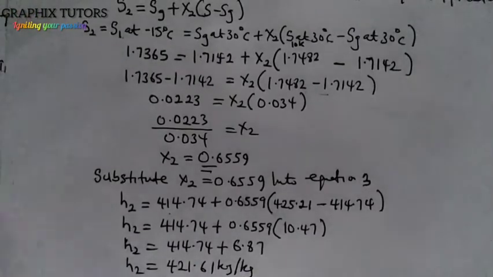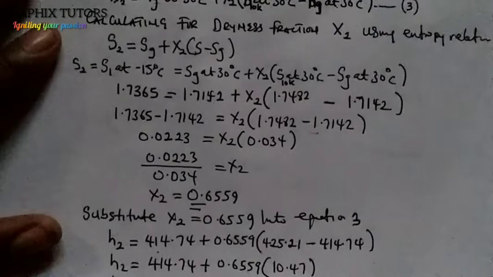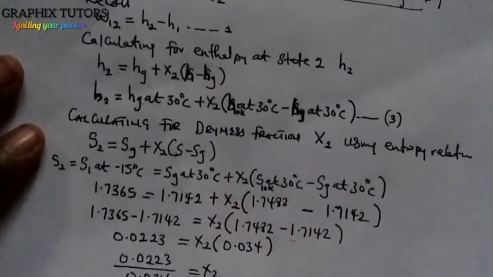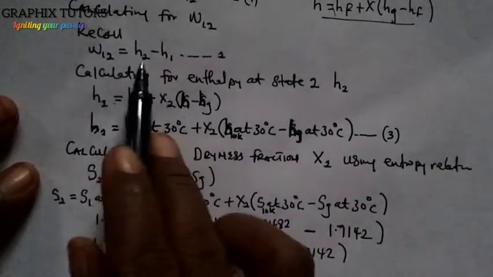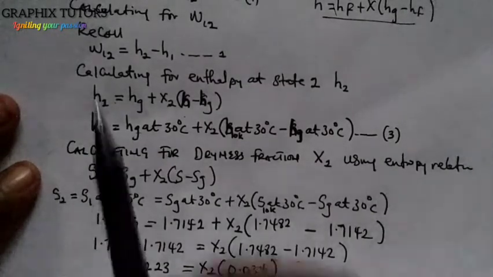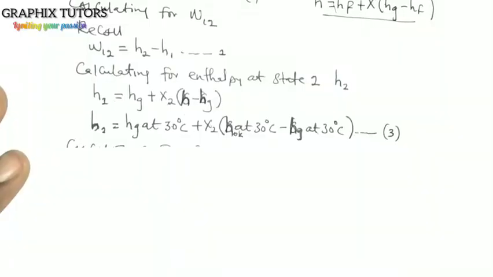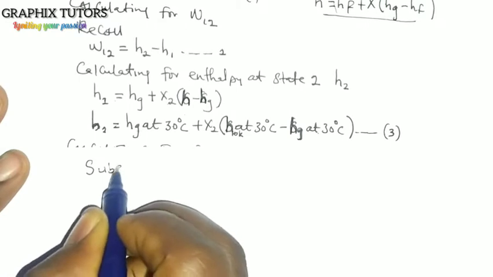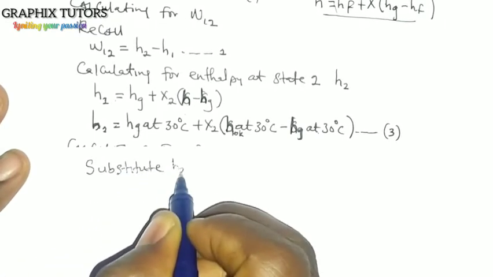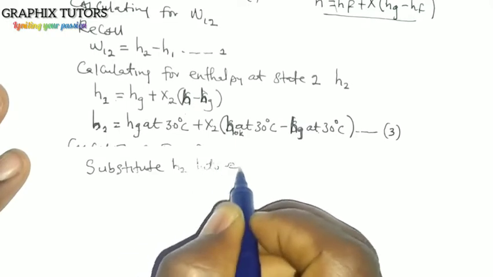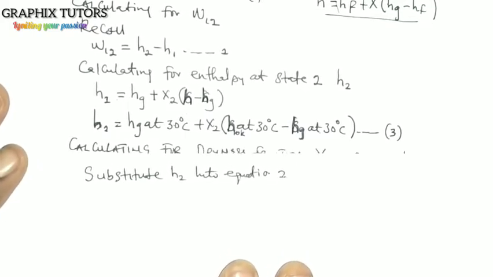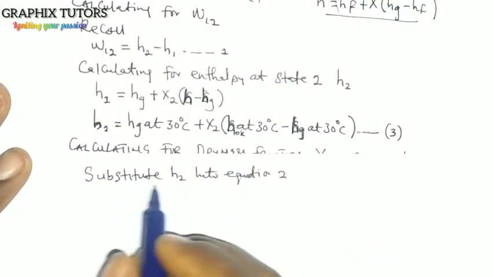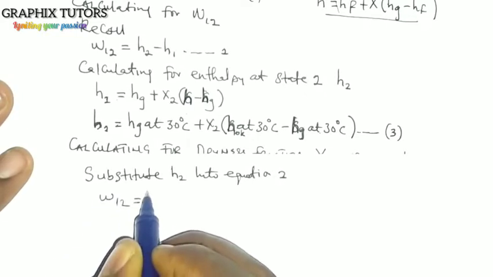Now the next thing you do, you substitute H2 into equation 2. So W12 equals H2 minus H1.